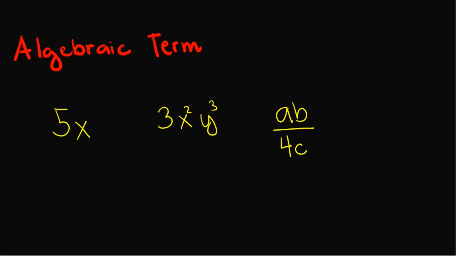But take note that even though we use division out here, this is still treated as multiplication since divisions are like multiplying the reciprocal. So we can actually write this one as 4 raised to negative 1 a, b, and c raised to negative 1. Now this one is already a product of variables and numbers. So these are our algebraic terms.